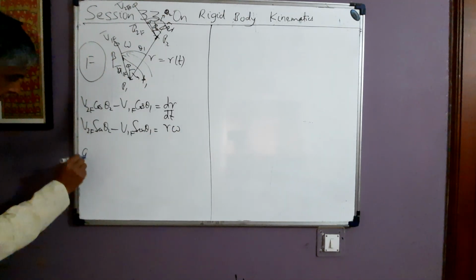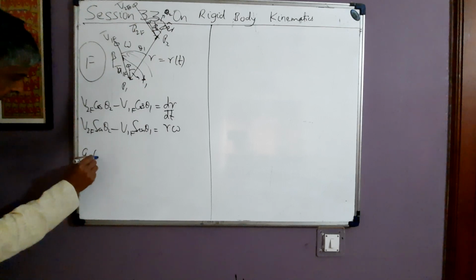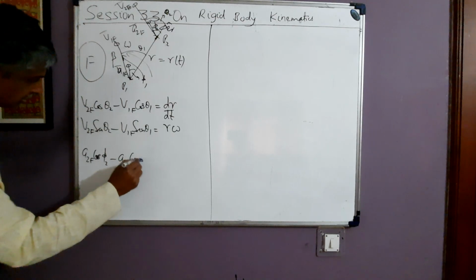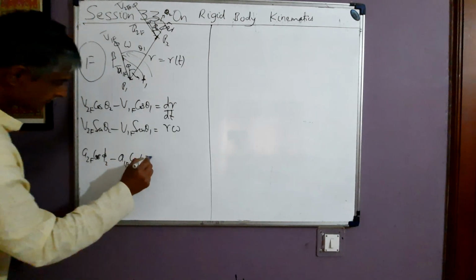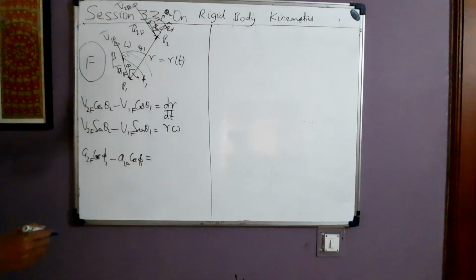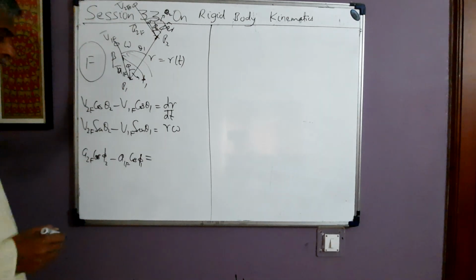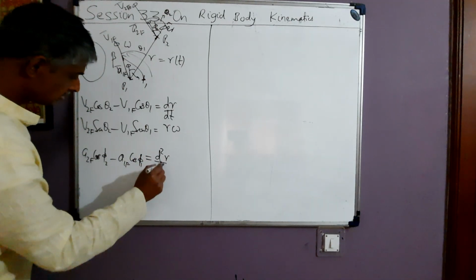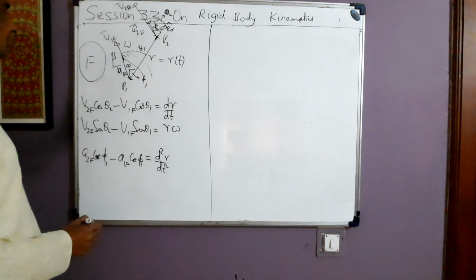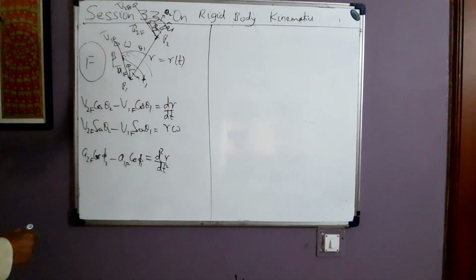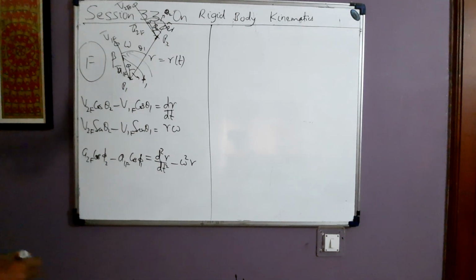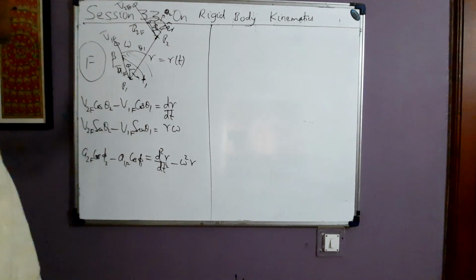And for acceleration also we obtain two results. A2F cos phi 2 minus A1F cos phi 1 is equal to d2r by dt2 minus omega square r. Okay, fine.